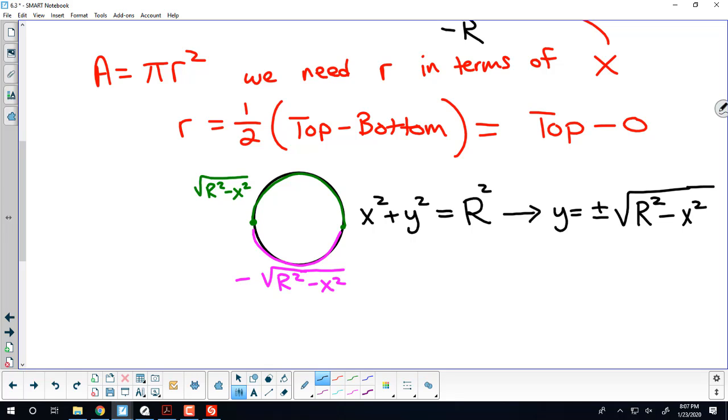But also our axis runs here, right? We're just measuring the radius of each one of these circles. We just need to do the top function minus 0. So the radius, little r, is just the square root of R squared minus x squared.